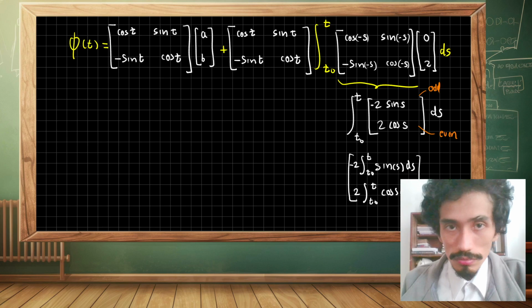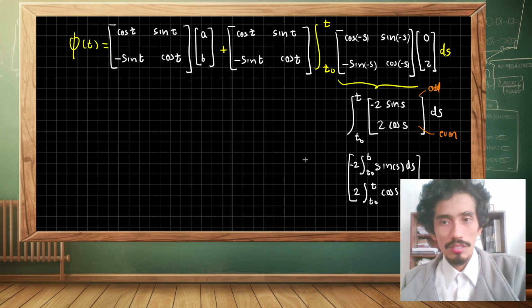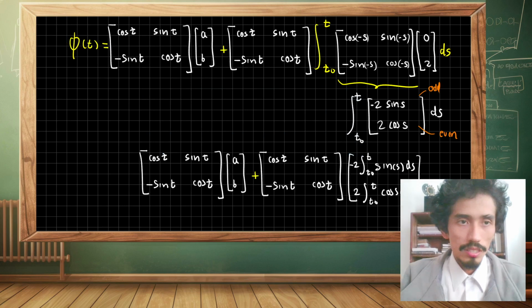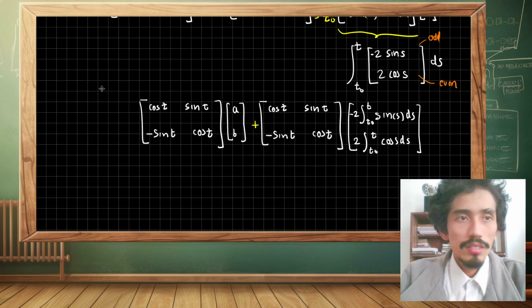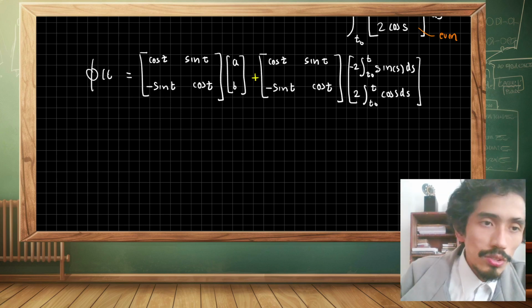So this is all multiplied by this. Copy it here. So this is equal to the solution.